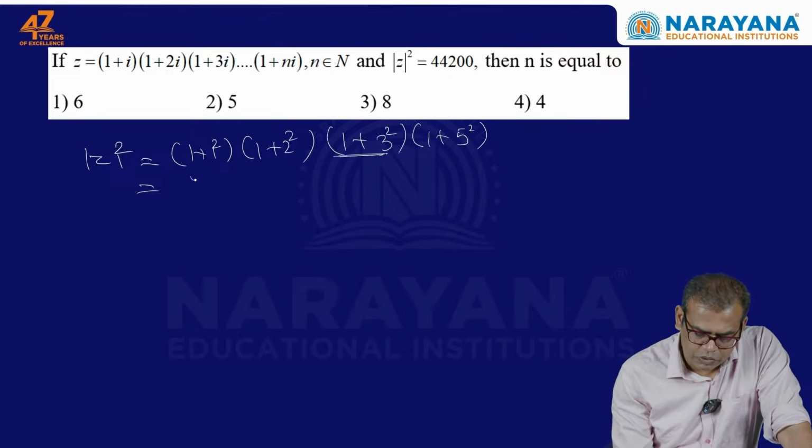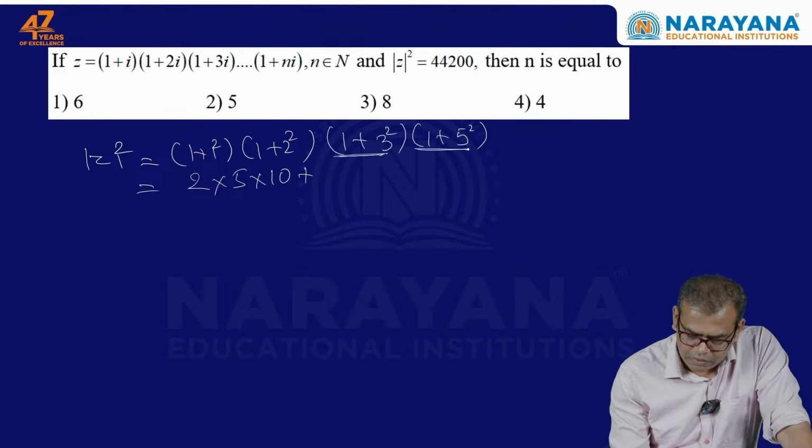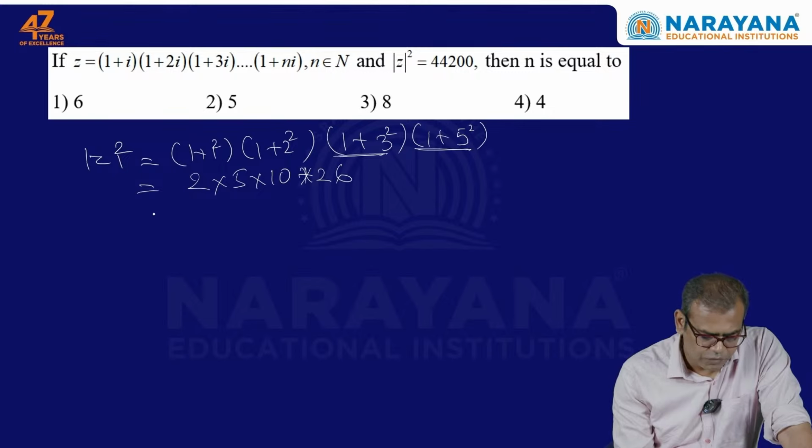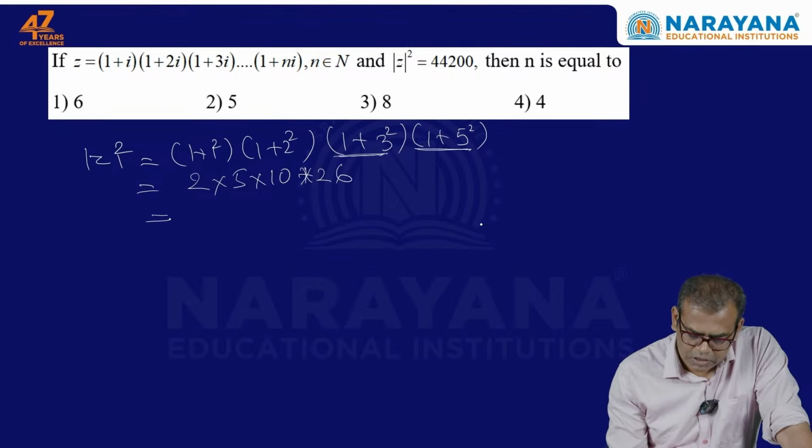So 1 plus 1 square is 2, 2 square plus 1 is 5, here 10, here 5 square is 25, and 26 will come. If you multiply all these, we will check it.